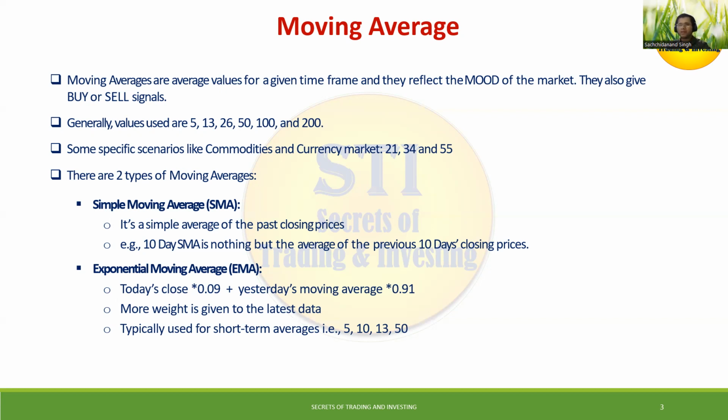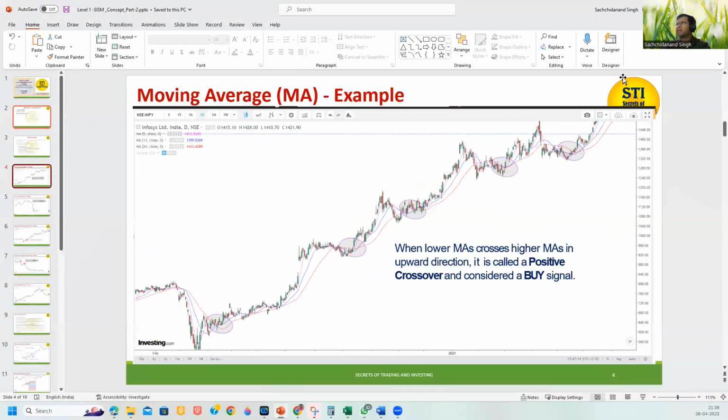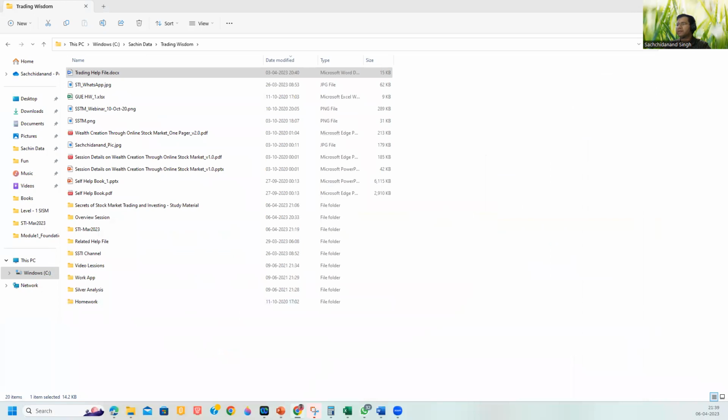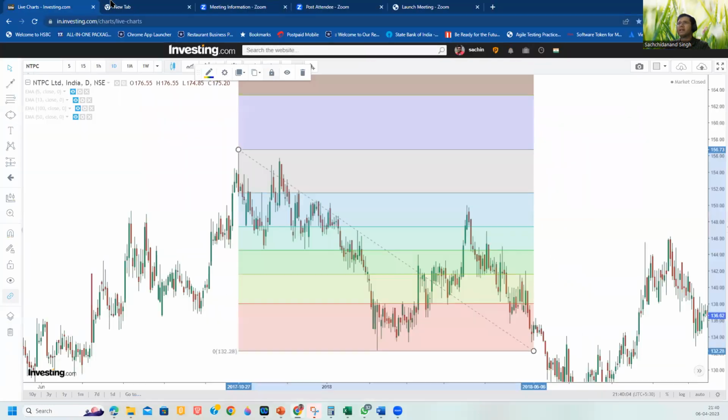When I'm saying these values, suppose we are looking at the chart on a daily basis, in the daily time frame. Let me take an example from the chart itself. That will be easy for us to understand. So suppose I'm having this chart.